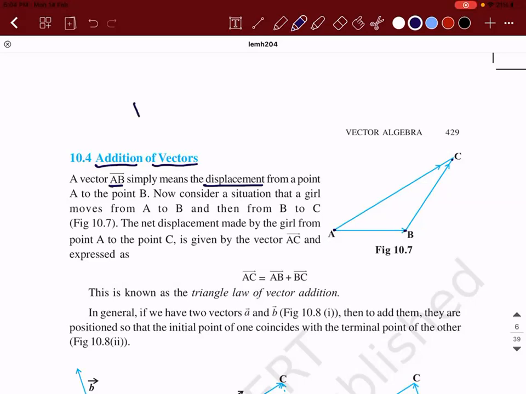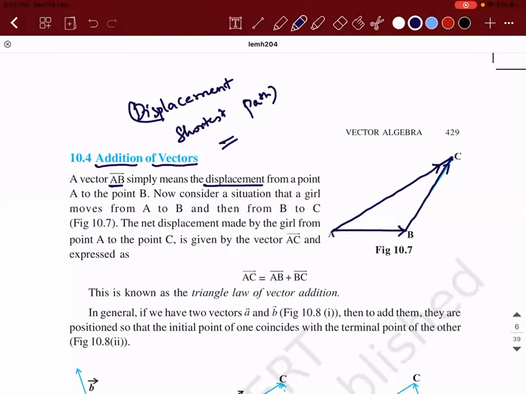So what do you mean by displacement? Displacement is the shortest path traveled by an object, right? So when we go from A to B and we go from B to C, okay, then the displacement of the particle will be from A to C.